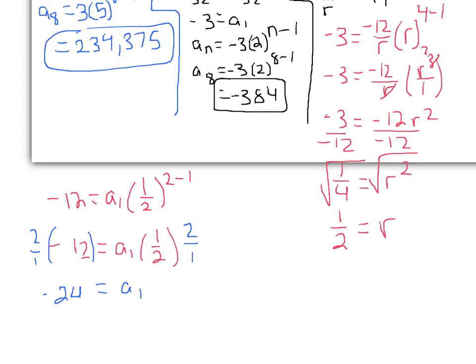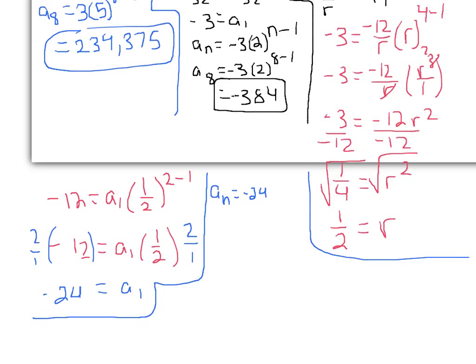So our equation here, here's our rule: a sub n equals negative 24 times 1/2 to the n minus 1. a sub 8 equals negative 24 times 1/2 to the 8 minus 1.